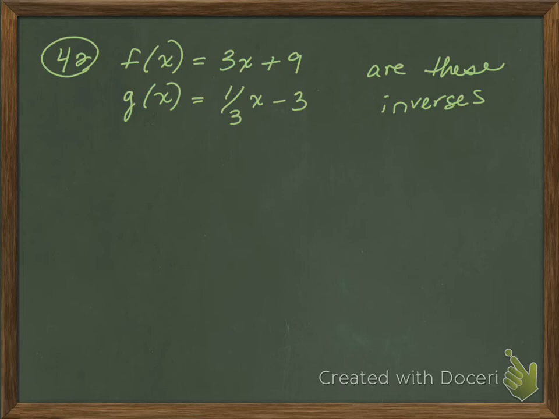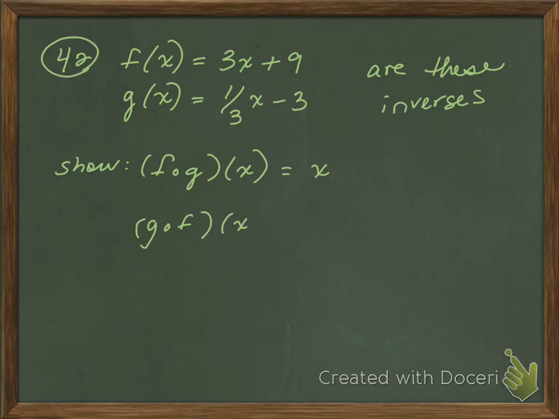So here we use composition notation, so we must show that f of g of x is x, and g of f of x is x. This is called composition notation. But we translate that composition notation into function notation just to make it a little bit easier.